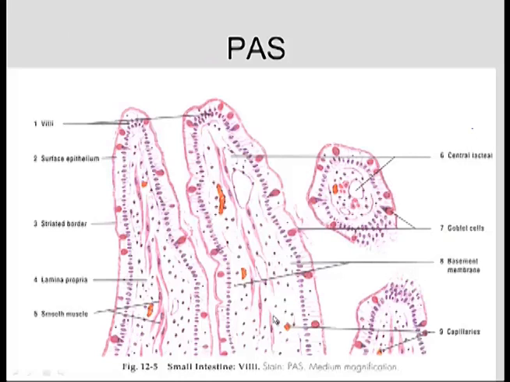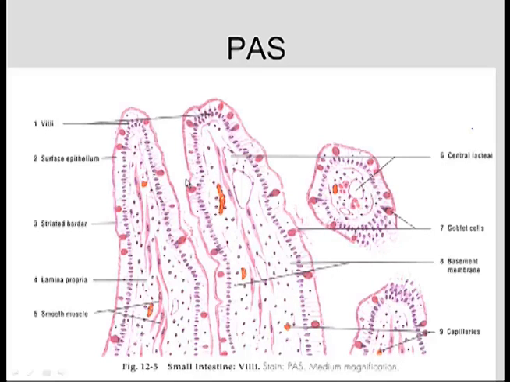Next we can see the PAS staining. If you stain goblet cells, they are rich in carbohydrates, and so we can see that goblet cell, the mucus inside the cell, stains carbohydrate rich. Also the brush border along the outside of the intestinal absorptive cells, going from here to here, these tall columnar cells.